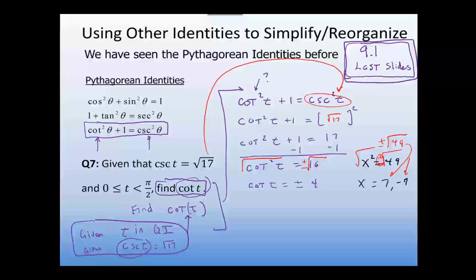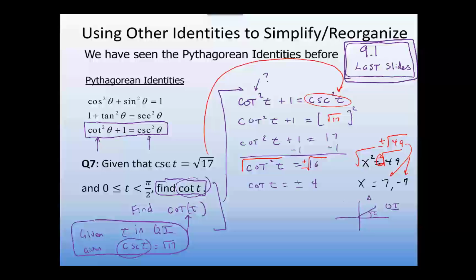Now, algebra has given me 2 answers. But now I have to tie it into the geometry. And I've got one more fact, that t is in quadrant 1.